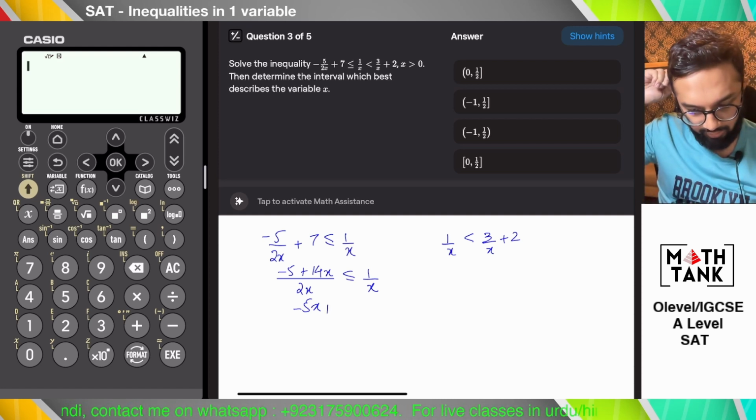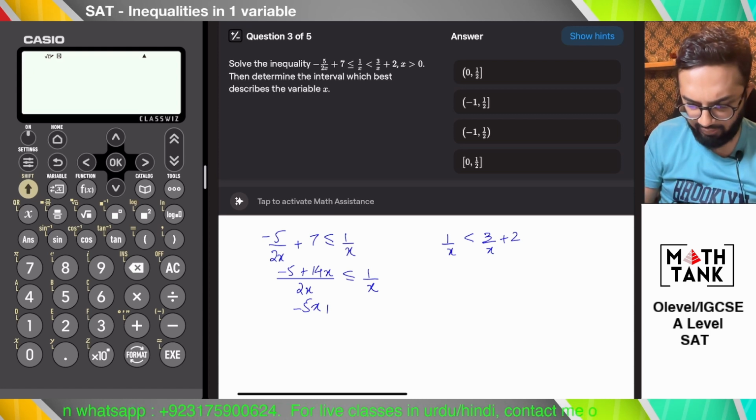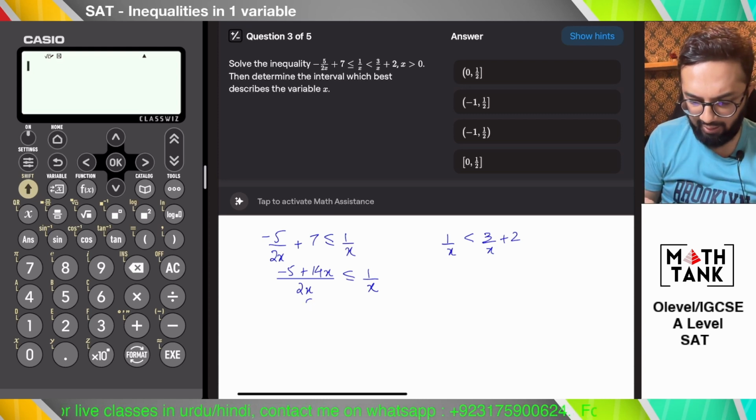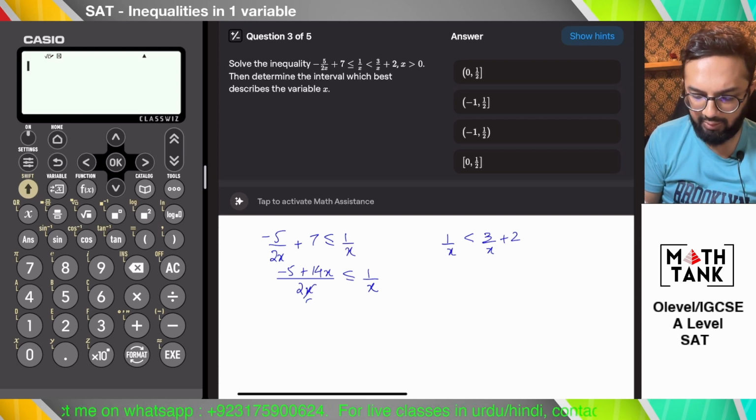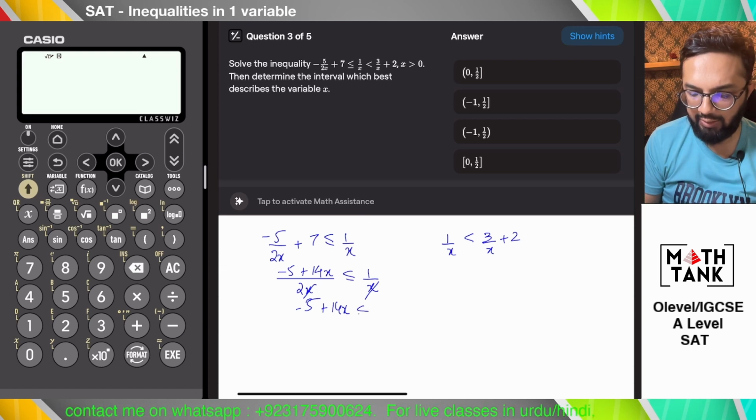That is going to cause a little bit of a problem because I have x on both sides. Can I cancel out these x values? Yes, I can cancel out these x values. So I get minus 5 plus 14x is less than or equal to 2.